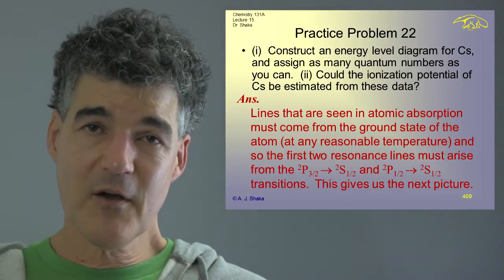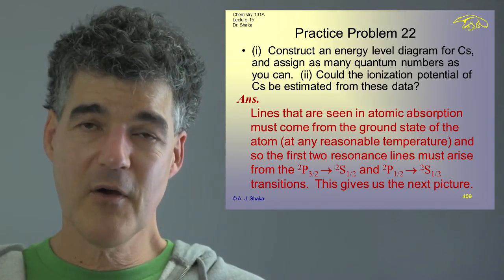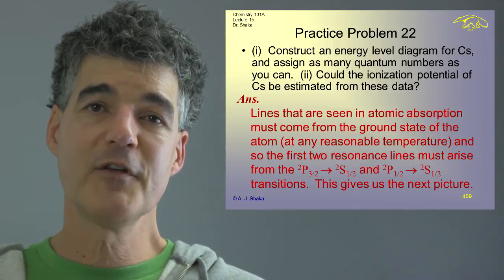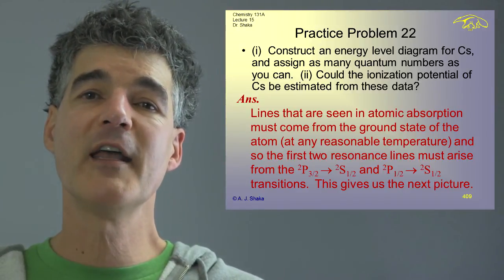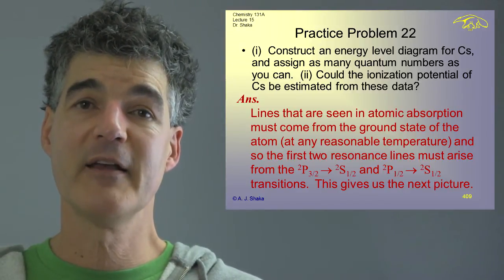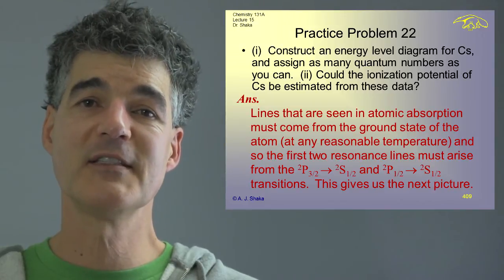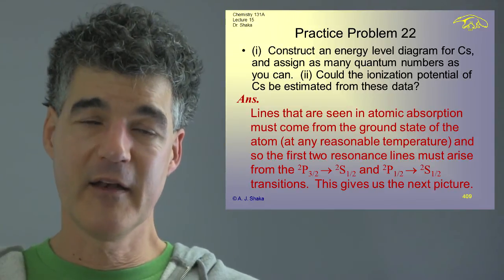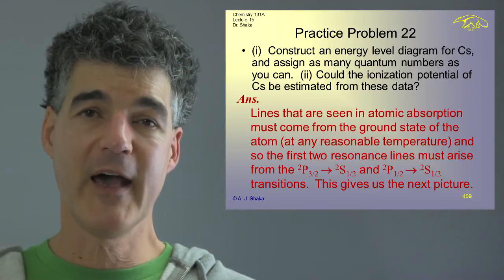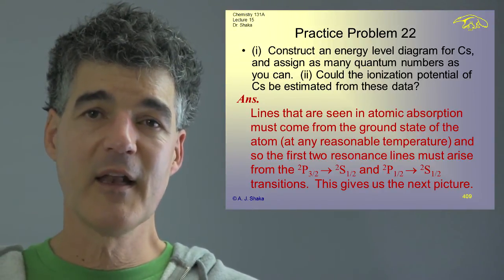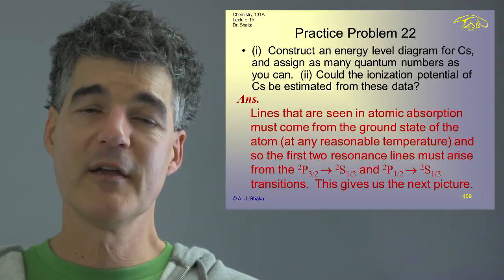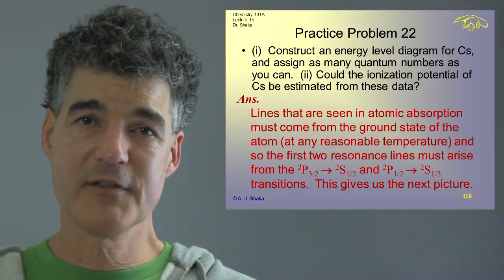The answer is, it's always the outer one that's going, and you never can have too excited, because if you had too excited, the outer one would have ionized off before that, and so you'd be doing spectroscopy on the cesium ion then. So you don't have to worry about that. It's just the outer 6s, in this case, electron that's doing the various transitions here.